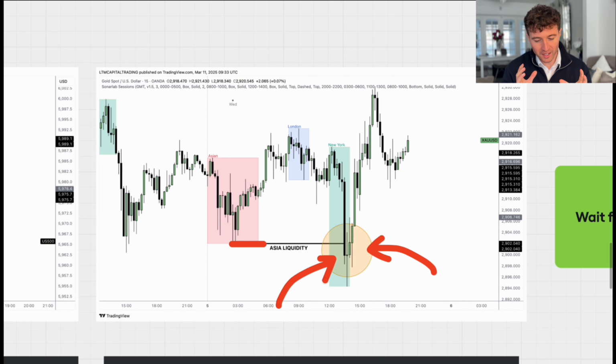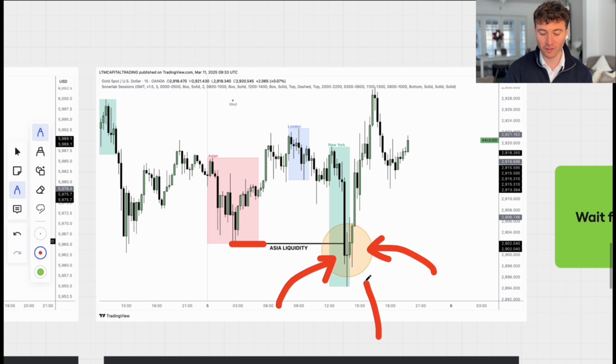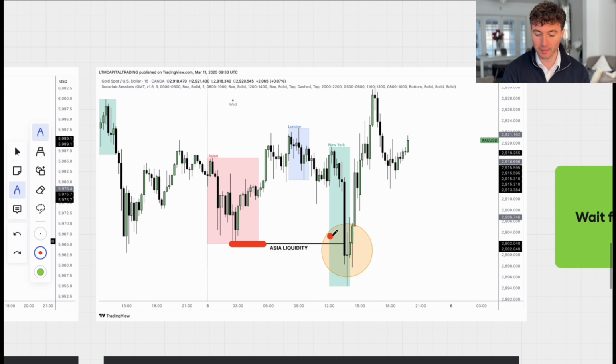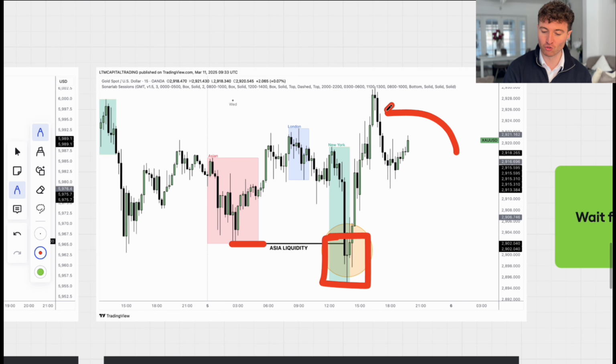But because we trade the ICT power of 3, we simply see this as a liquidity sweep, running the sell side liquidity before we get the expansion move to the upside. It's our job as a trader to take part during the manipulation phase, and therefore we can look at capitalizing on the distribution phase.